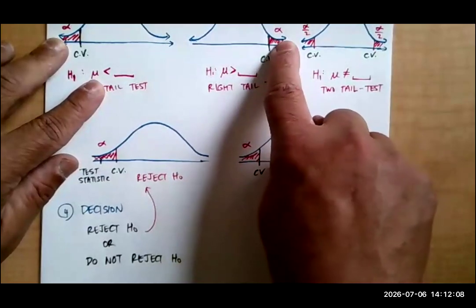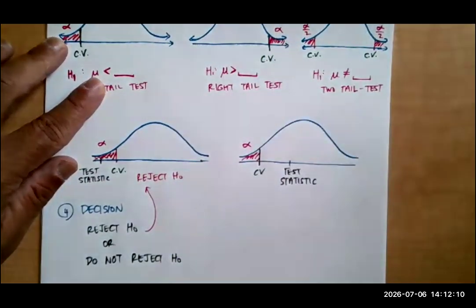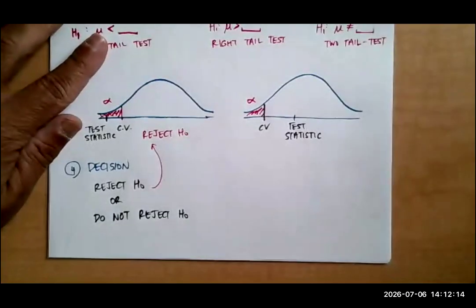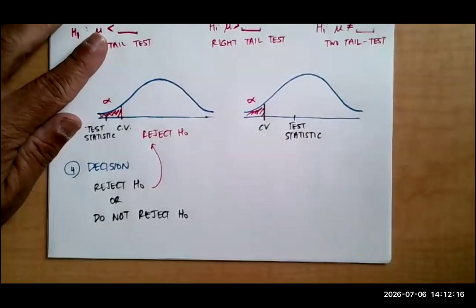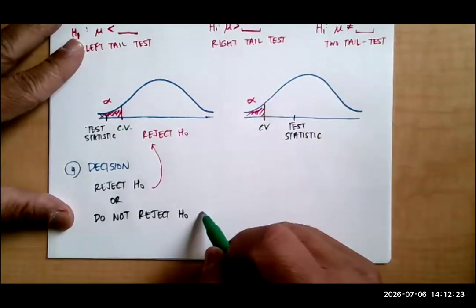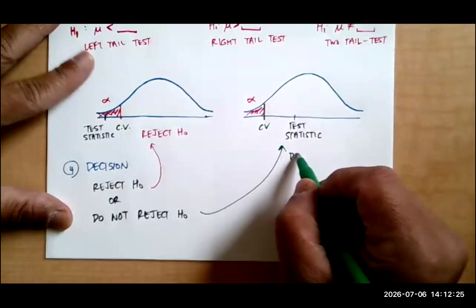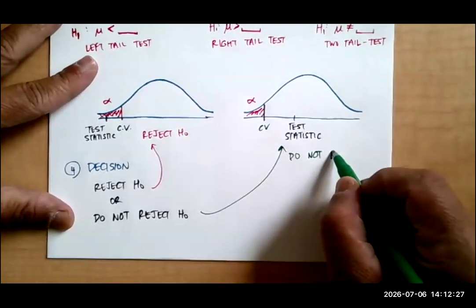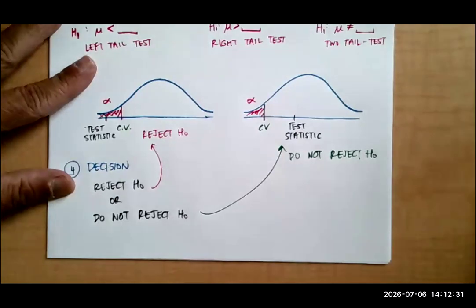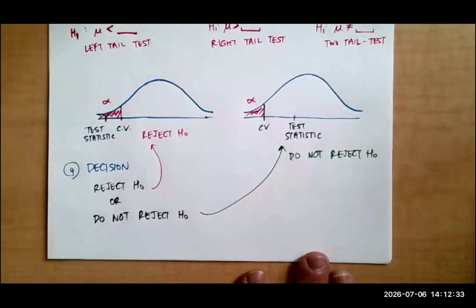With a two tail test, we're going to reject on either side, okay? But when your test statistic is outside the shaded region, that's when we do not, or you fail to reject the null hypothesis, right?